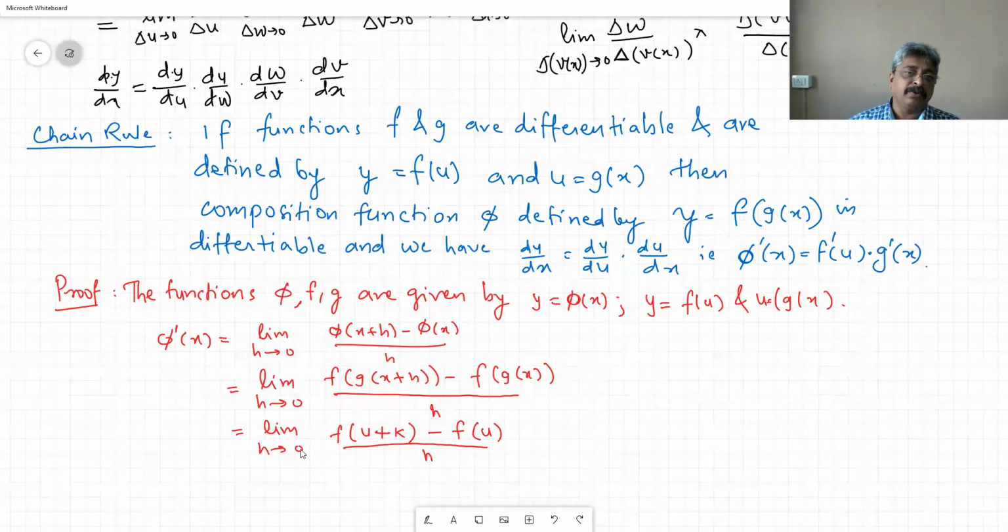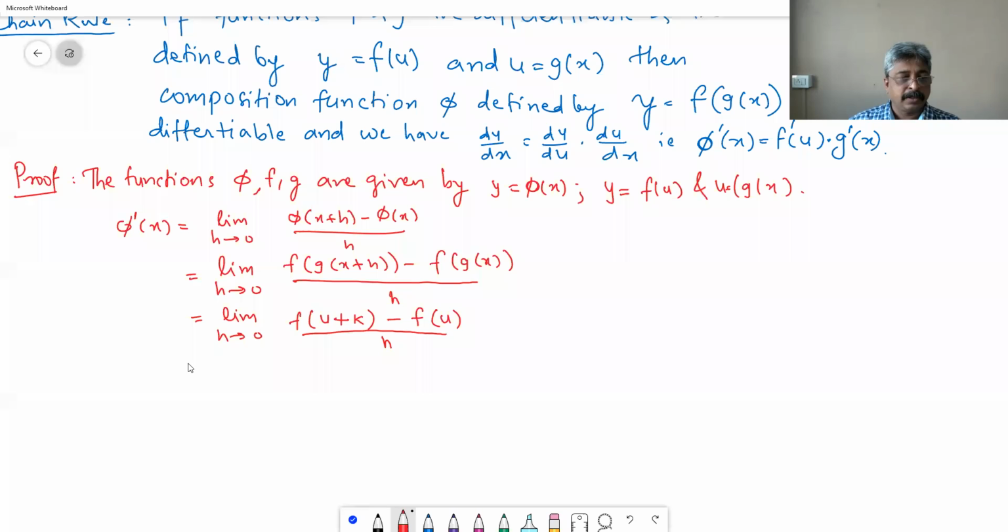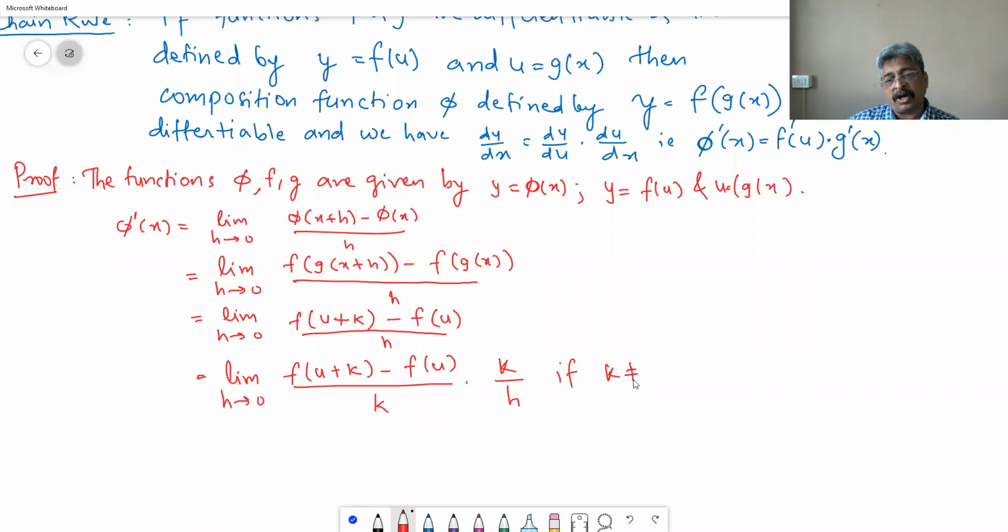Now we have to do a little jugglery here, which is equal to limit h tends to 0, f of u plus k minus f of u divided by k into k plus h if k is not equal to 0. So we are dividing by non-zero quantity.